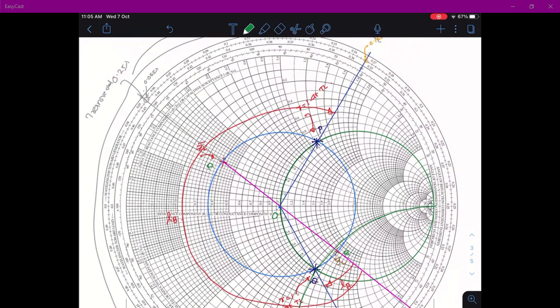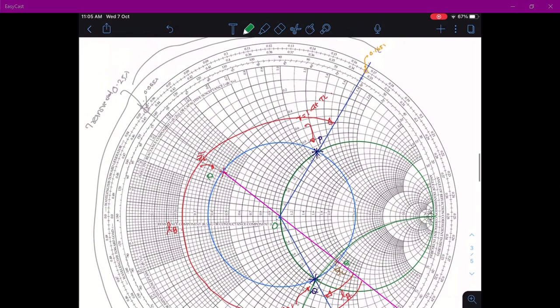And in a similar manner, this is the point P in which you have the stub connected, and if you draw a line like this, which is plus 1.1 j, so this circle. Okay.